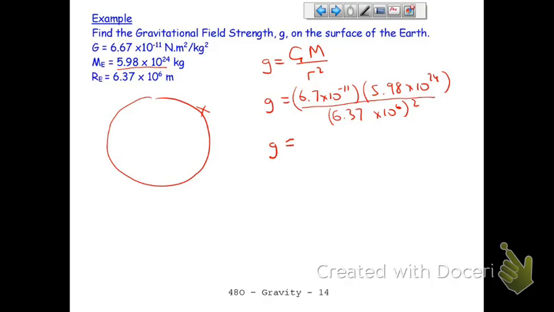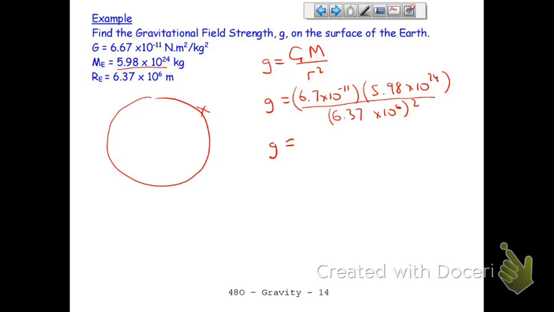So G is equal to, let's work this out. This is going to be 6.7 EE to the minus 11, enter, times 5.98 EE to the 24, enter, divided by parentheses 6.37 EE to the 6, squared.